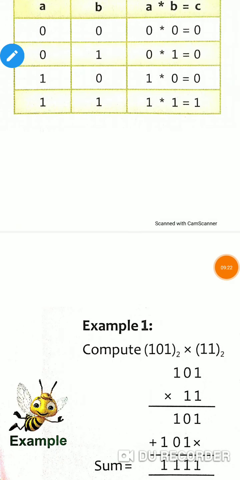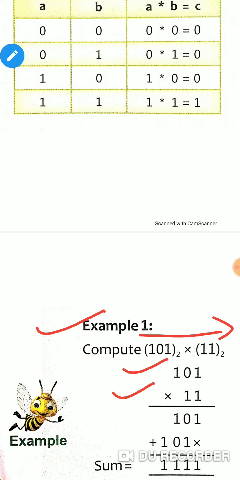Okay children, now let us take the second example given in your book: you have to multiply 101 by 11. There are two numbers, 101 and 11. Simply multiply 1 by these three digits, it becomes 101.